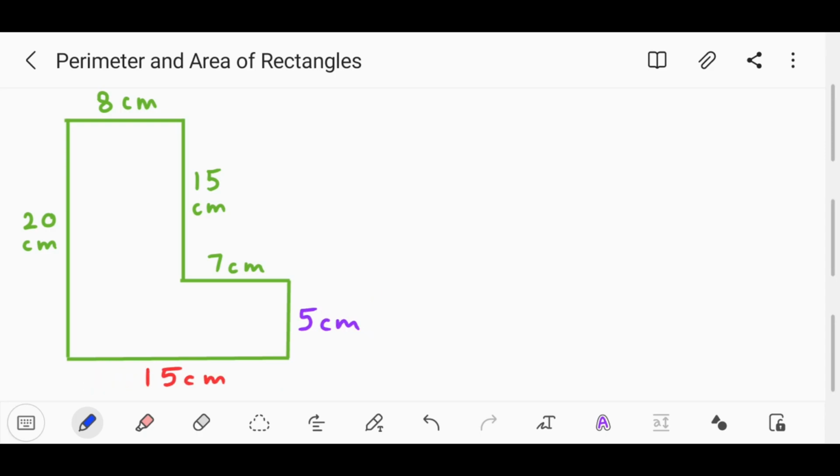Now that we know what our missing lengths are, let's go ahead and find the perimeter and area of this compound shape. Let's start with the perimeter since it's the easiest. The perimeter is the outline of the shape, so in order to find this, we need to add up all the sides.